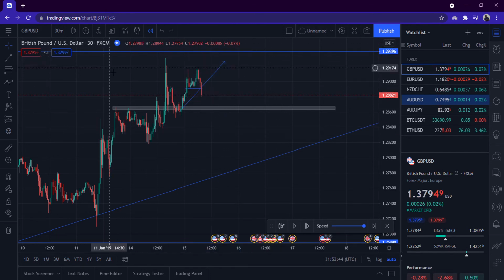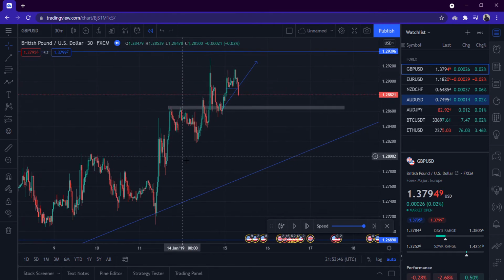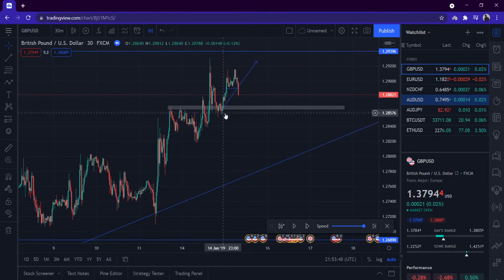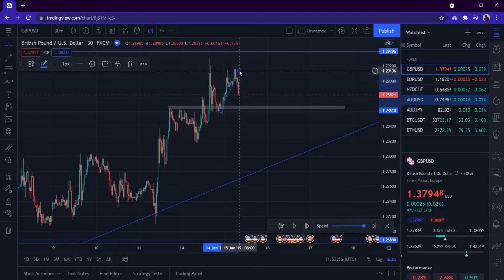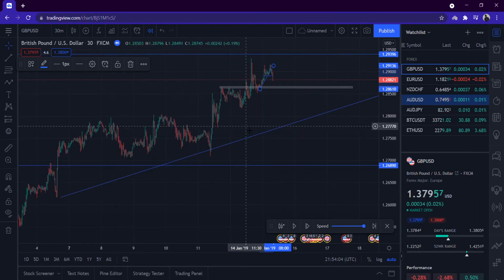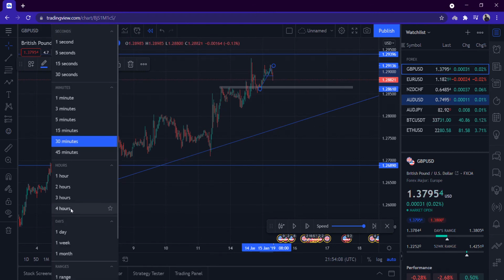So according to the data available, I expected a higher high to be formed to continue our bullish momentum, but it seems like price could not form the higher high. It stopped here, indicating a lower low. So that might show some bit of shift of the momentum, but when you check the higher time frames, let's check out the 4-hour.